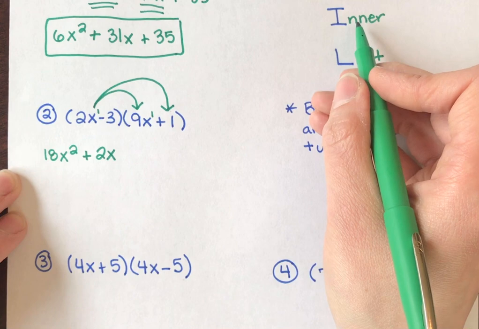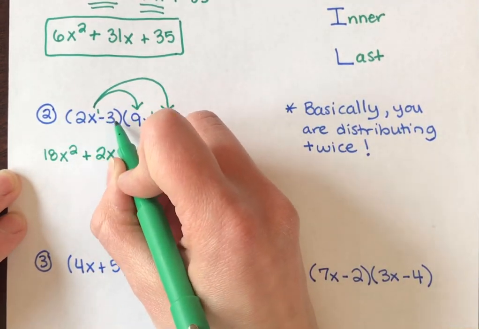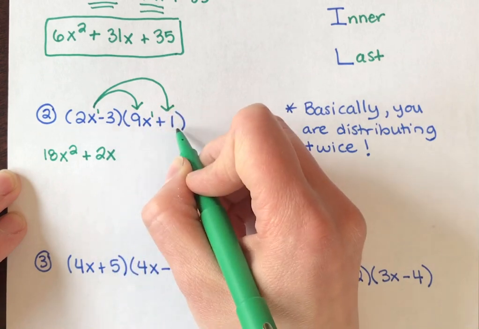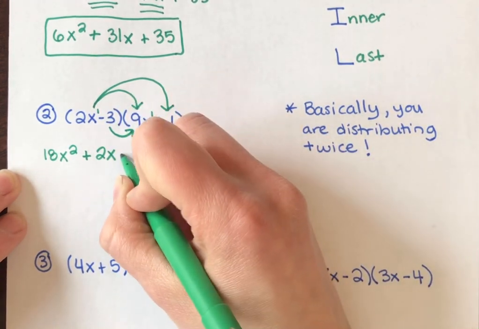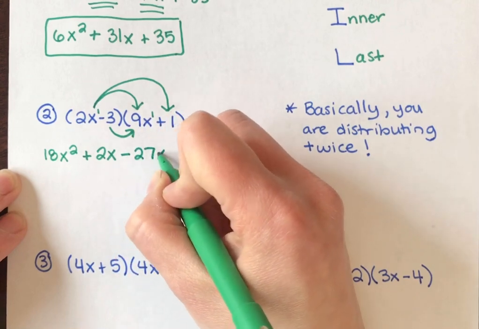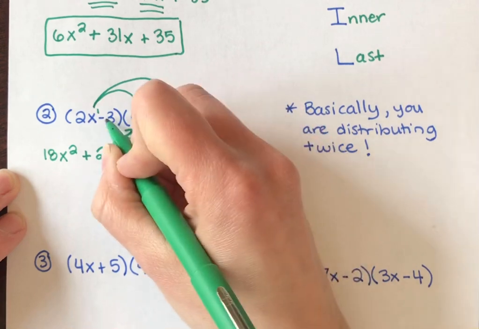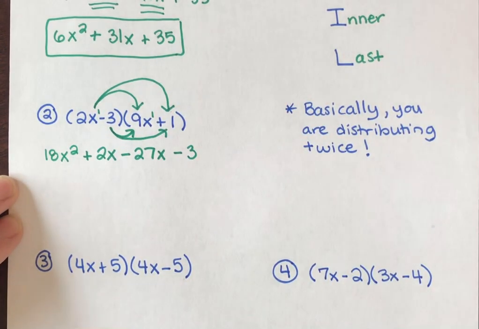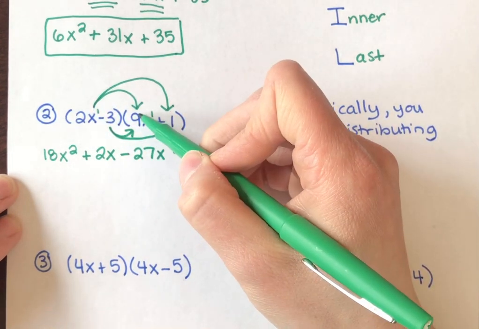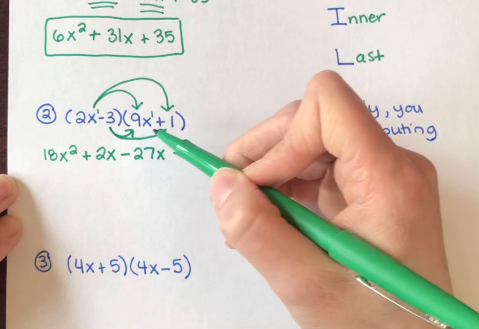I comes next, which is inner, or you can think of it, we're done with the 2x, I'm going to move on to negative 3, and I'm going to distribute it to every term in the second parenthesis. Negative 3 times 9 is a negative 27x. My last terms to get multiplied is a negative 3 times 1, which is a negative 3. So we took 2x and multiplied it to the 9x and the 1. Then we took negative 3 and multiplied it to the 9x and the 1.